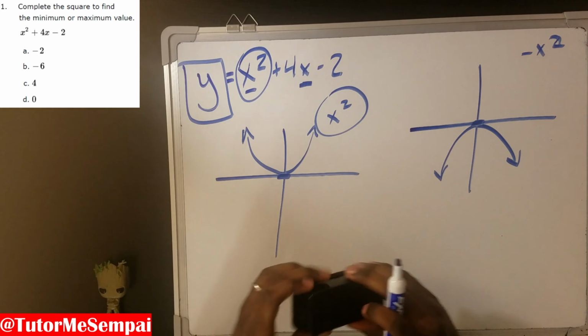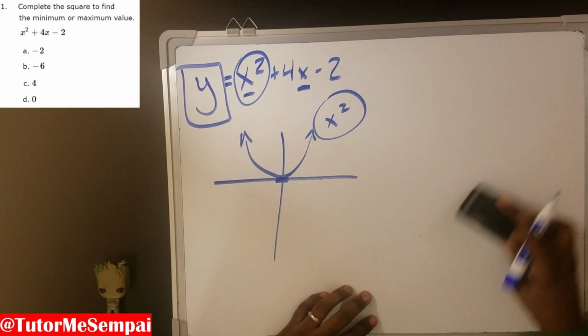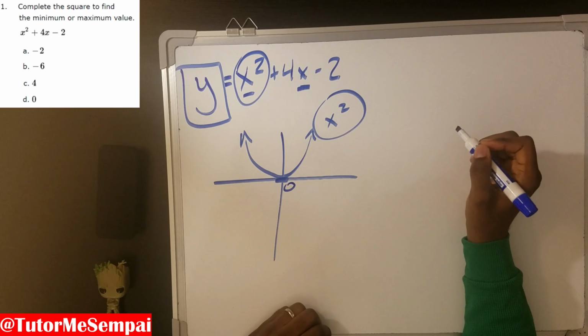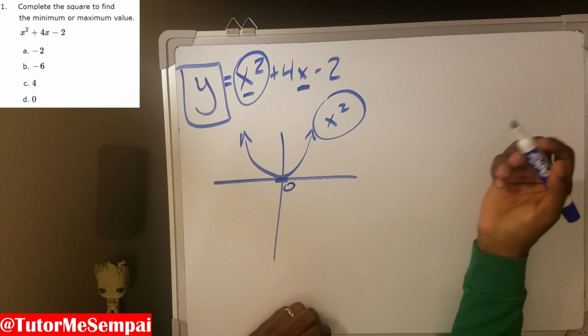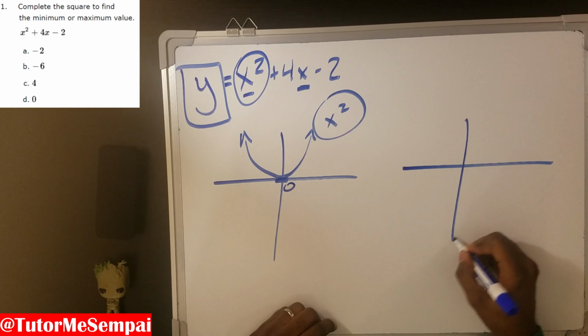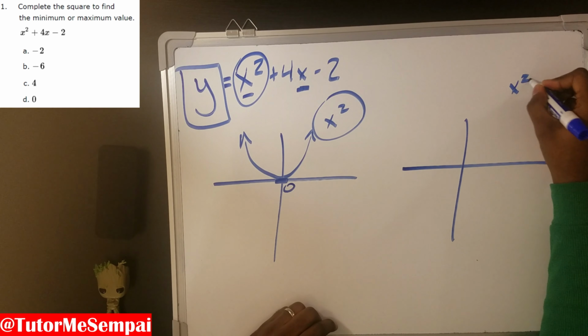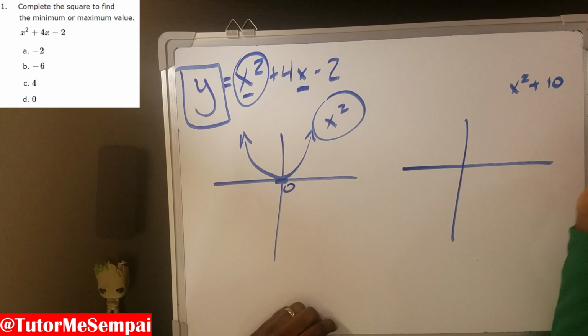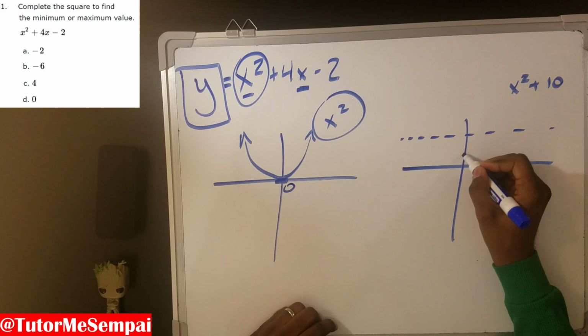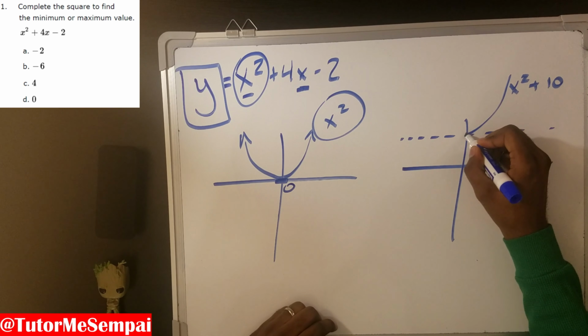Another thing to consider in both of these examples, including the one I just erased, this is at 0. So the minimum and the maximum are at 0. However, this can move up. If you have x squared plus 10, for example, then our function moves up the y-axis to 10.